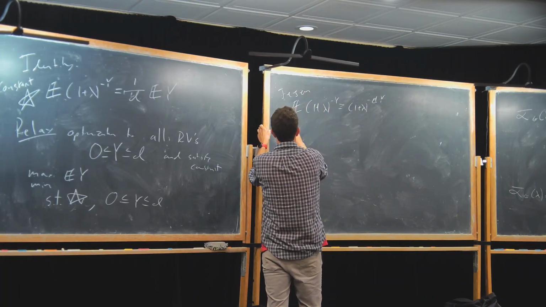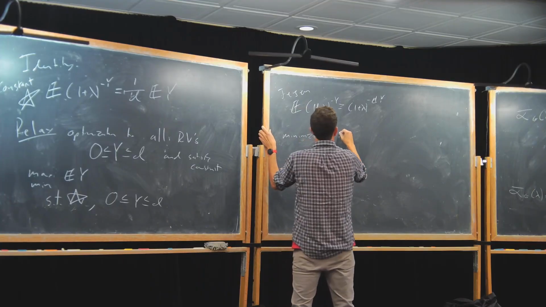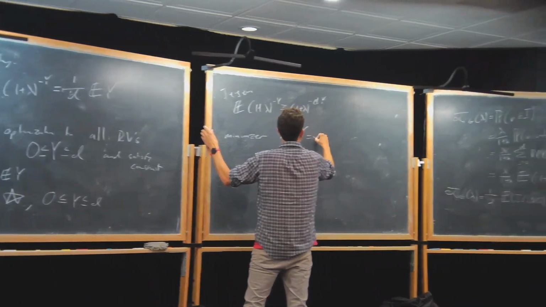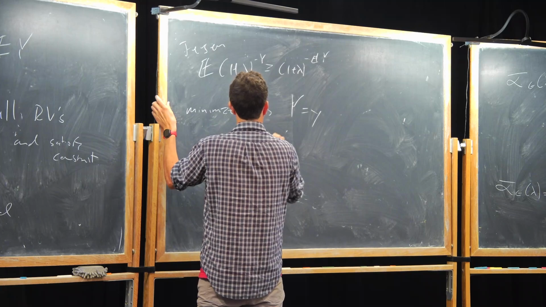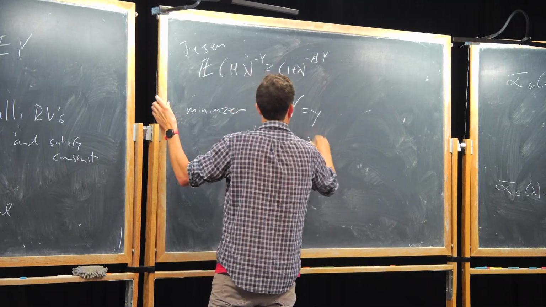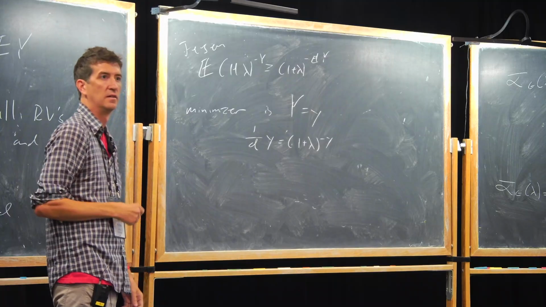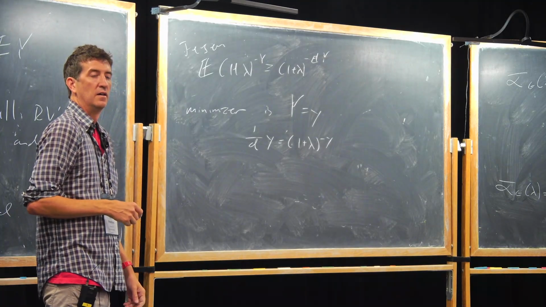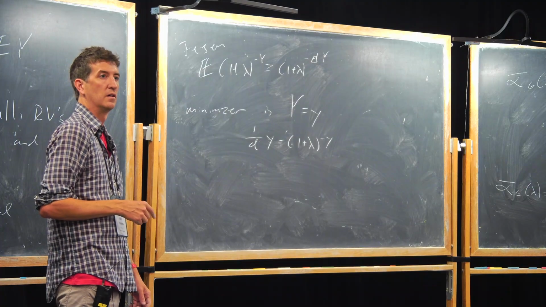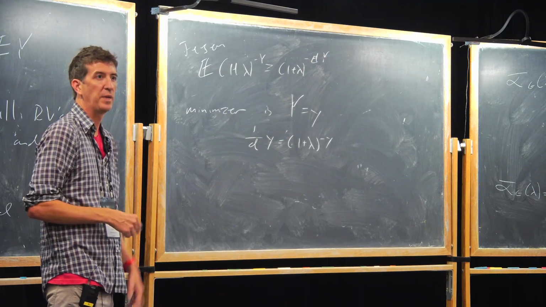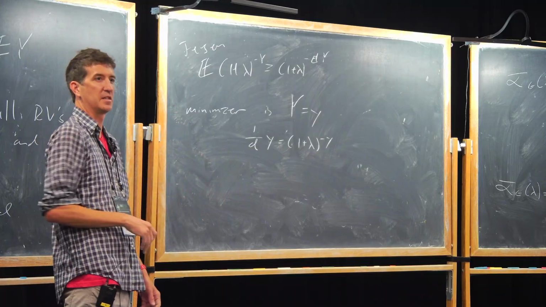That says that the minimizer is the constant random variable y, where we have 1 over d times y equals (1 plus lambda) to the minus y. To do the minimization, you didn't have to use the relaxation form, right? Yes, that's true. I like to think of it as optimization, but you're right, that could just be a line in the proof.